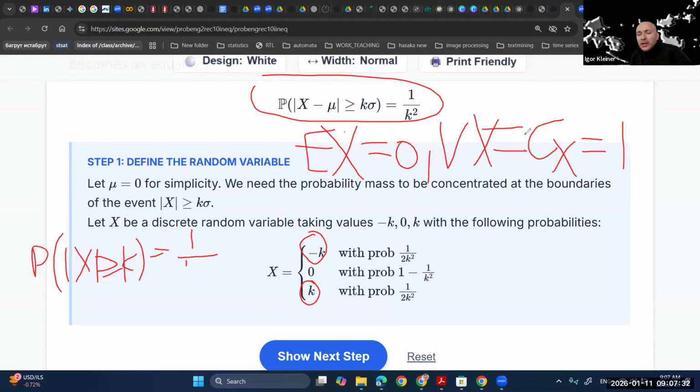Probability that the absolute value of x is at least k equals 1 divided by 2k squared plus 1 divided by 2k squared. It equals 1 divided by k squared. This is the exact answer. Now let's use the Chebyshev inequality.